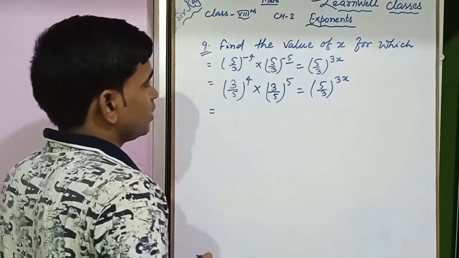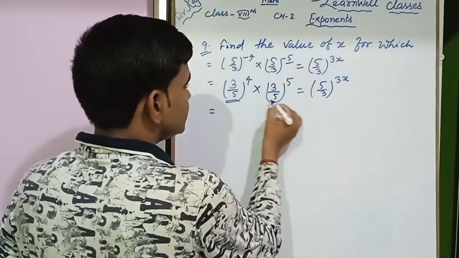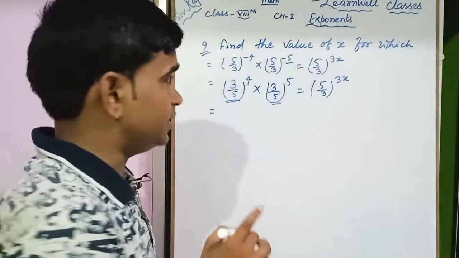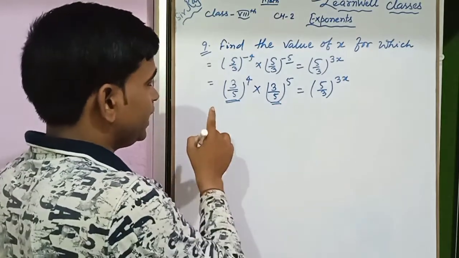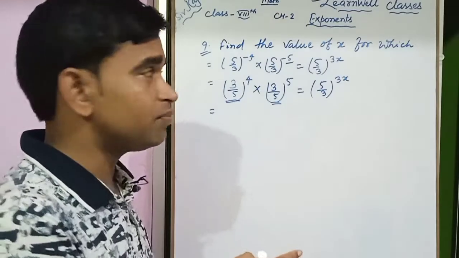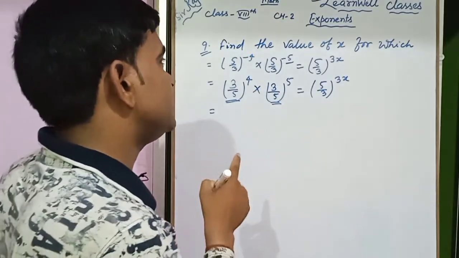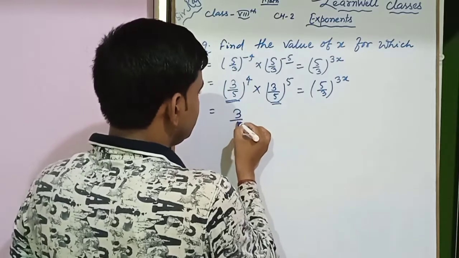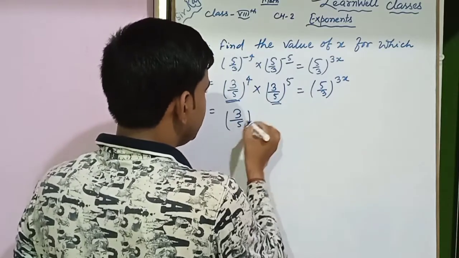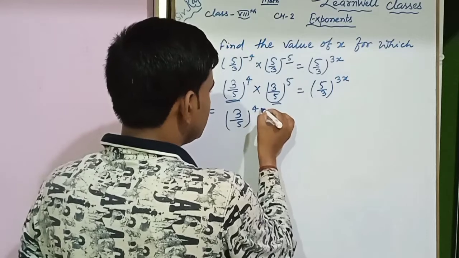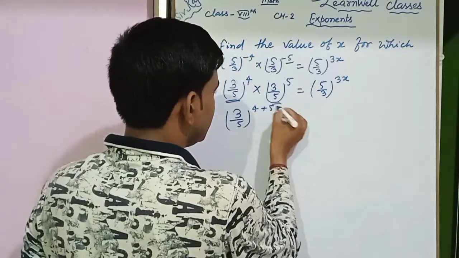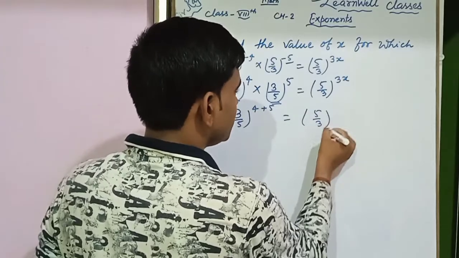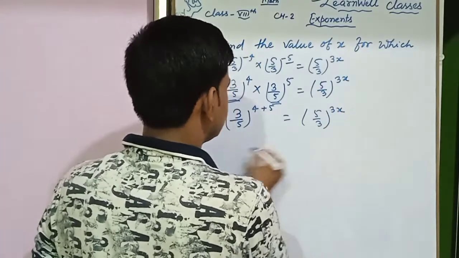So when the base is the same, the powers are to be added in multiplication. So we have 3 upon 5 raised to the power 4 plus 5 is equal to 5 upon 3 raised to the power 3x.